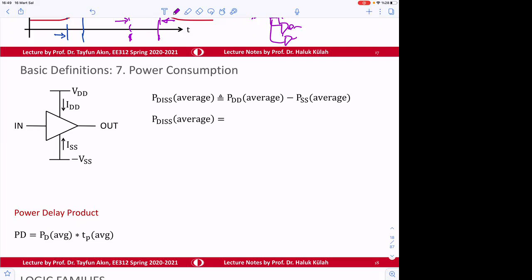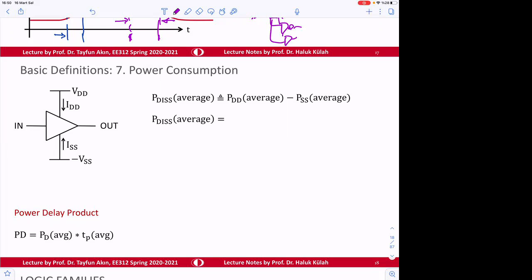Otherwise, it will be heating up too much. So therefore, we look at the power dissipation of each gate and each topology.